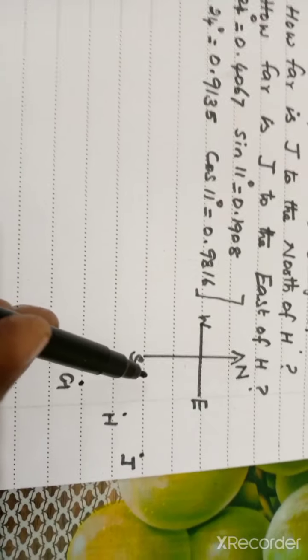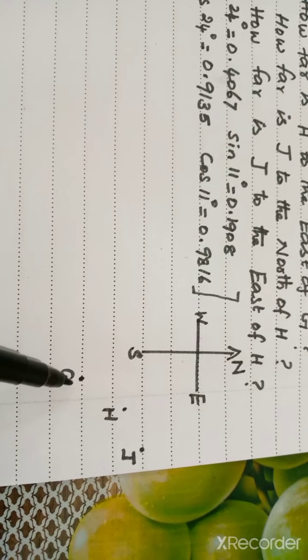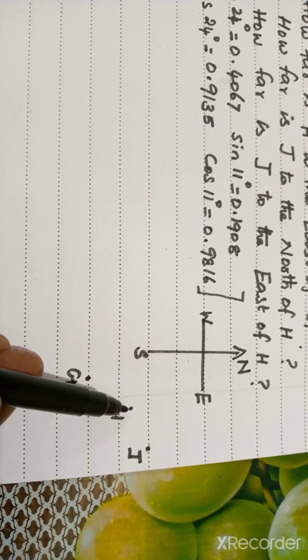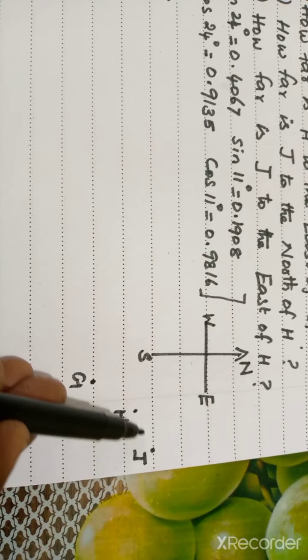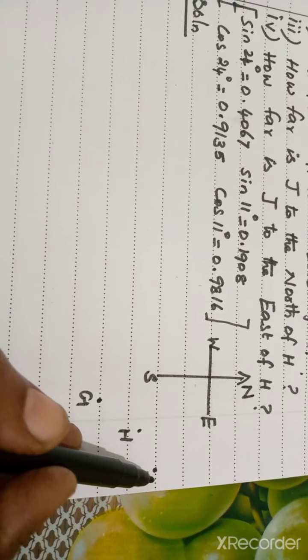Then it is given the starting point, it sets off from G and turned 24 degrees and reached H. From there it further turned 55 degrees and reached J. Note this point.